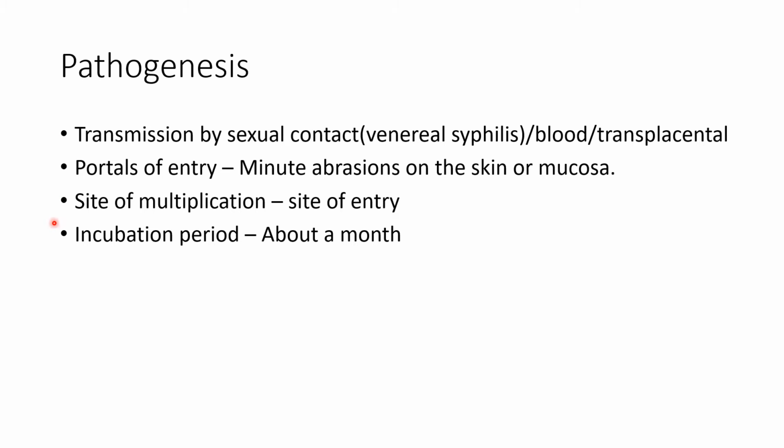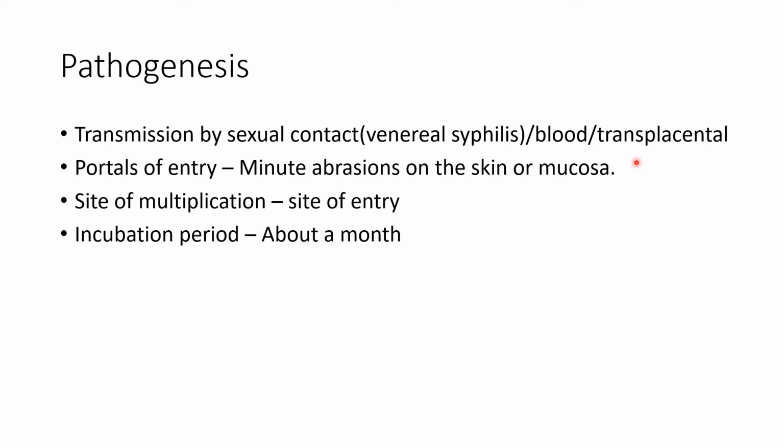Coming to the pathogenesis, the mode of transmission is usually by sexual contact, especially when it is transmitted through sexual contact. We call it venereal syphilis. But it is not only through the sexual route that it enters. Sometimes when blood transfusion is carried out, if the blood is contaminated with syphilis organism, then through that route, that is through blood transfusion also, it can enter inside the human body.